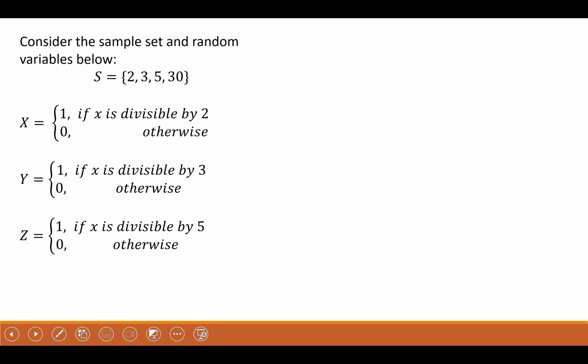We're going to look at one more thing, but there is a lot of symmetry in this. So I'm going to take three random variables. We saw we had X, Y, and Z earlier, and Y and Z were independent, but X and Z, and X and Y were not.